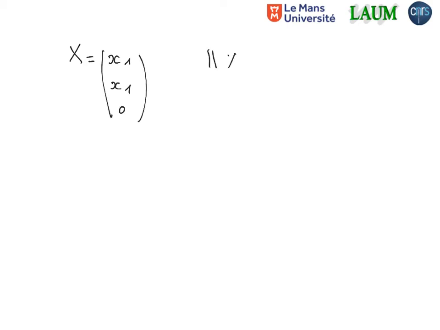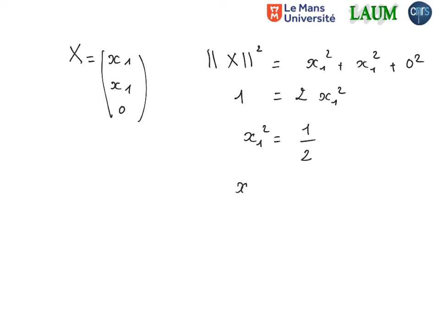And then the norm of x squared, let's say for the moment, is equal to x1 squared plus x1 squared plus 0 squared, so this is 2 x1 squared. I want the norm of x to be equal to 1, which means that the square of the norm is equal to 1 as well. So this means that x1 squared is equal to 1 over 2, which means that x1 is equal to plus or minus 1 over square root of 2.